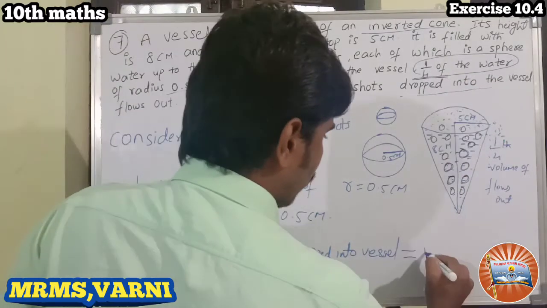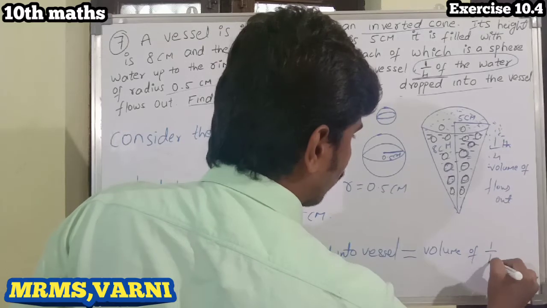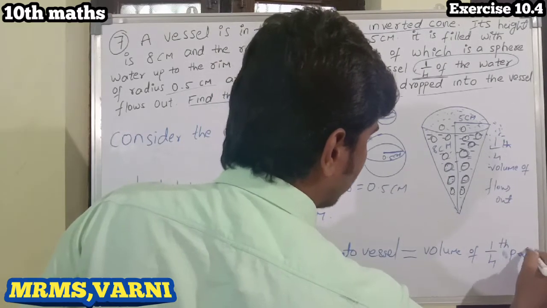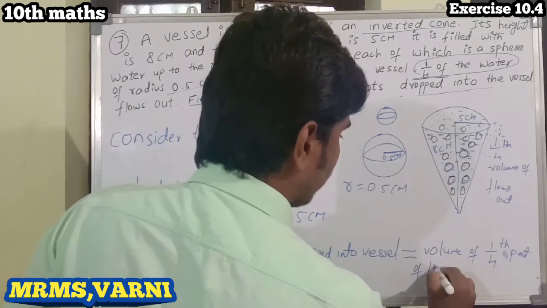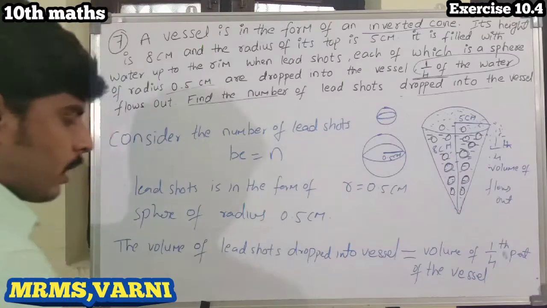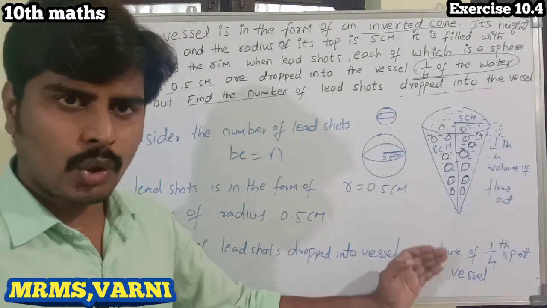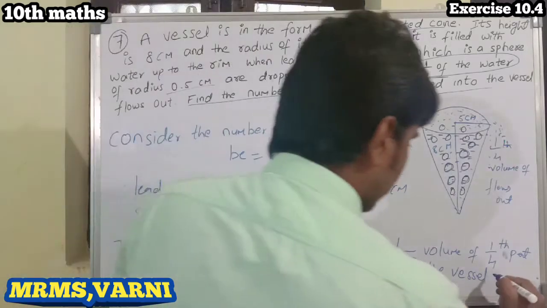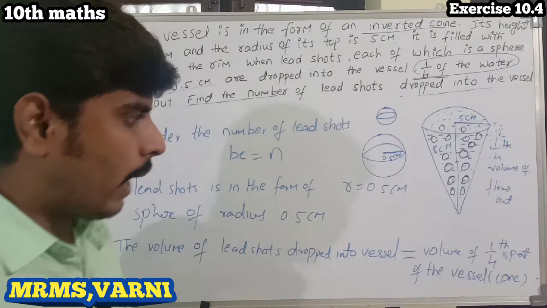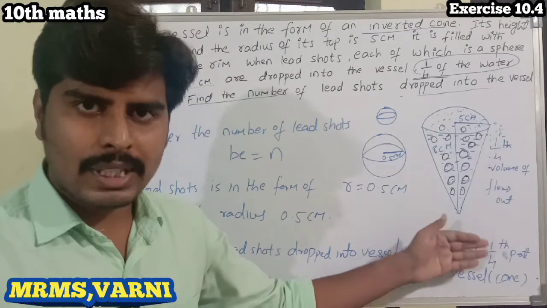So volume of 1/4 part of the vessel. What is the vessel shape here? Nothing but a cone. Write down in bracket cone, or we can write volume of the 1/4 part of the conical vessel also.